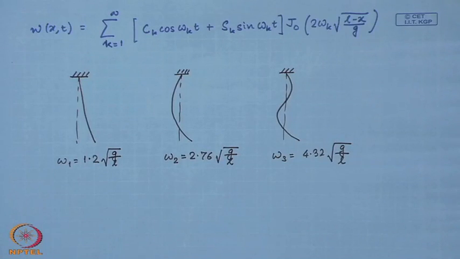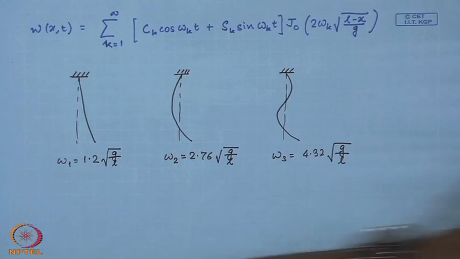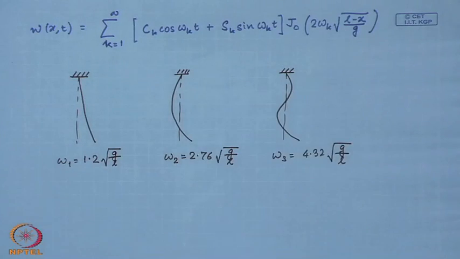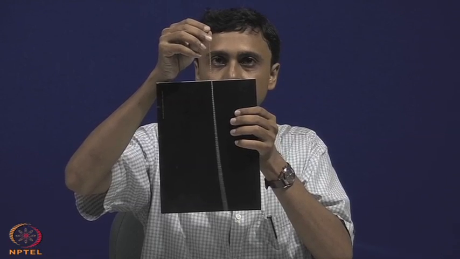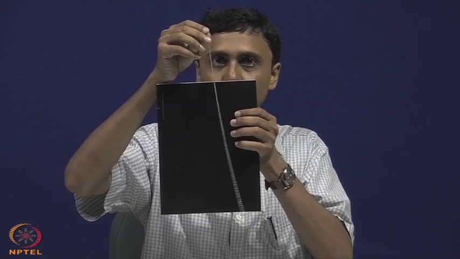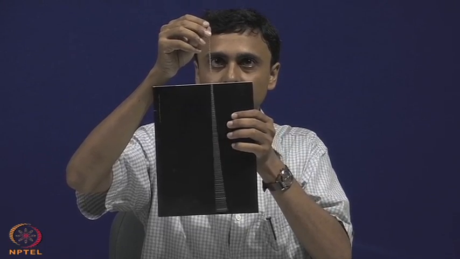Now, once again I will demonstrate to you the modes of vibration of a hanging chain. So, if you see this chain, this is the first mode of vibration.